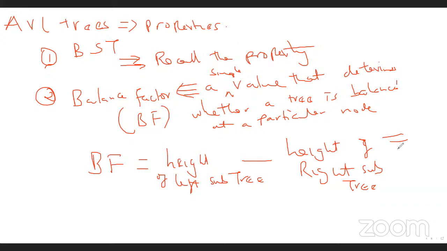For the tree to be balanced, this value must be -1, 0, or 1. If at a particular node the balance factor is greater than 1 or less than -1, then the tree is not balanced at that node.